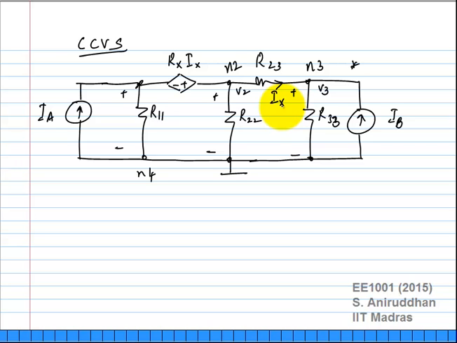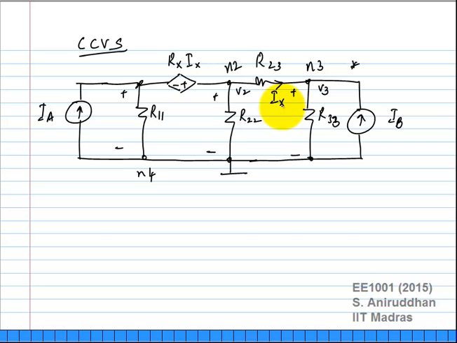So how will you set up the system of equations? Can you still construct a supernode? You can. Anytime you have either an independent voltage source or a dependent voltage source, you would go ahead and form the supernode. You would combine the terminals across which the voltage sources are connected and form the supernode and write down the equations.